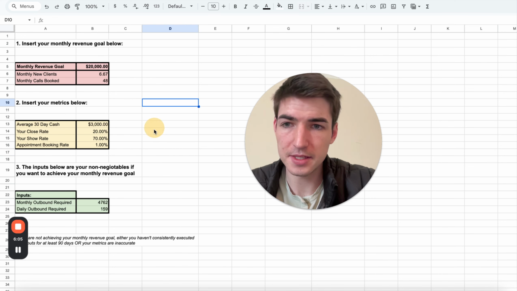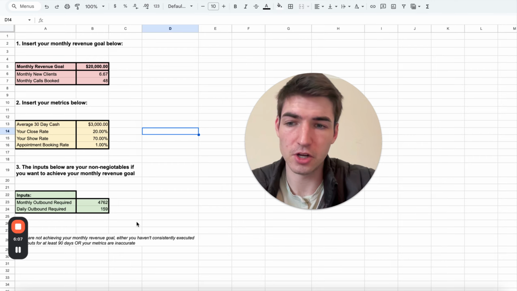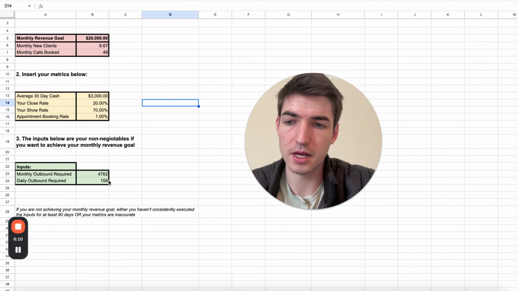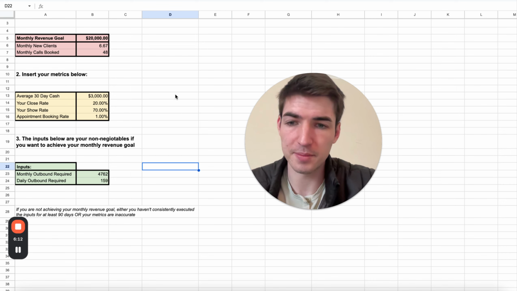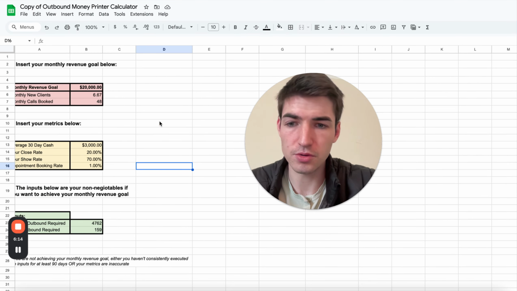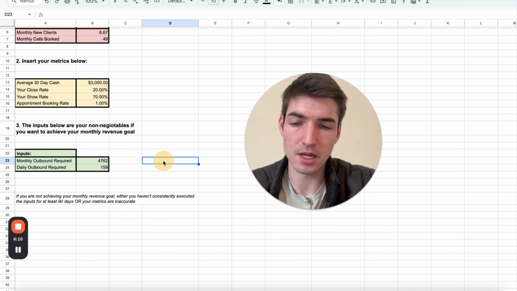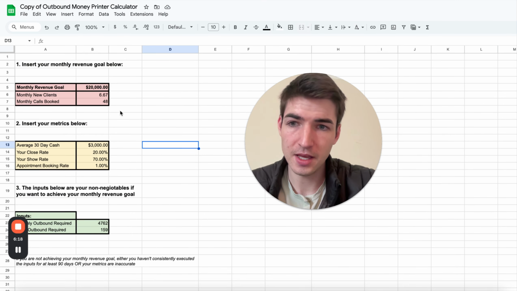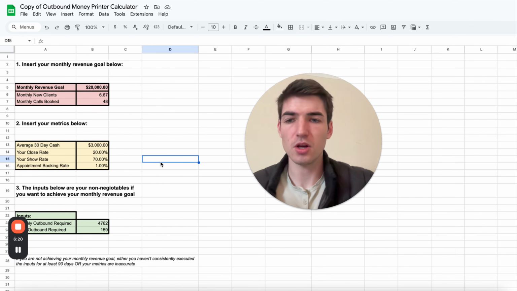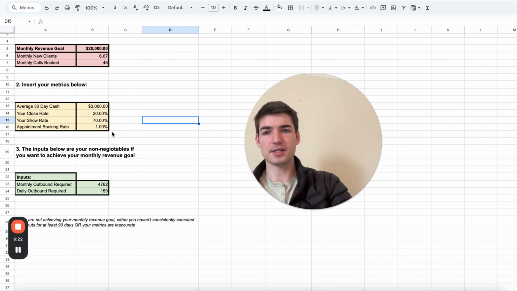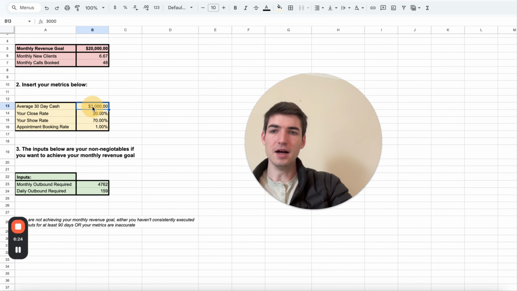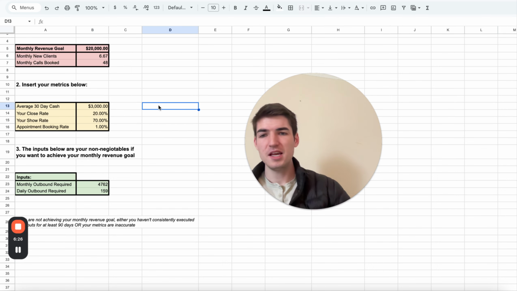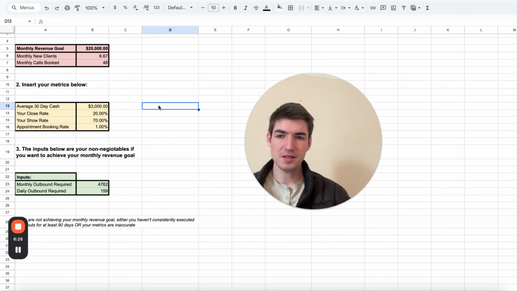All right, based on these numbers, again, realize the volume required. This requires about 4,700 monthly outbound messages sent, which is nothing too crazy, but a lot of people will freak out at this number. You've got to send 159 messages per day. You make 20K a month. If you actually know your numbers though, these are not the best conversion rates or deal size either, but this should bring you some hope.